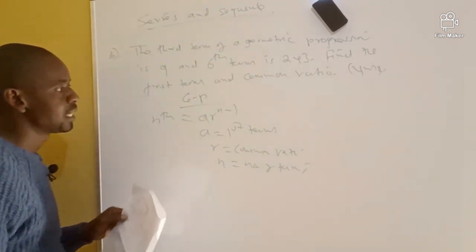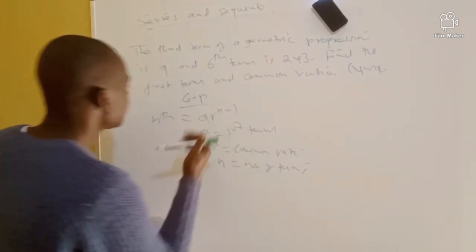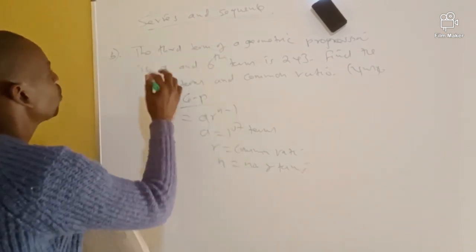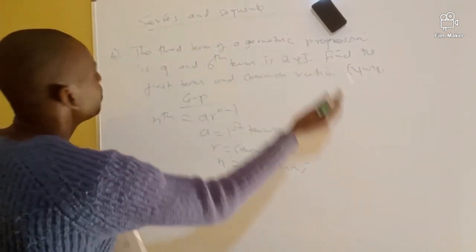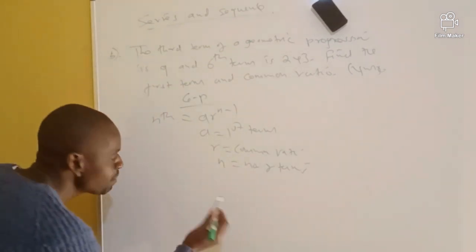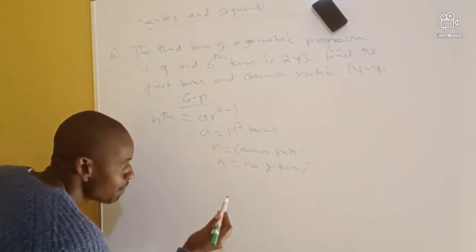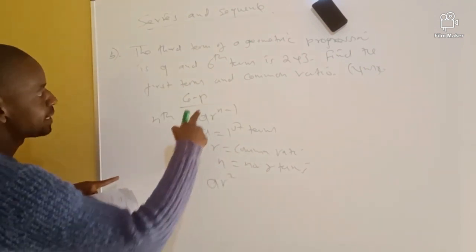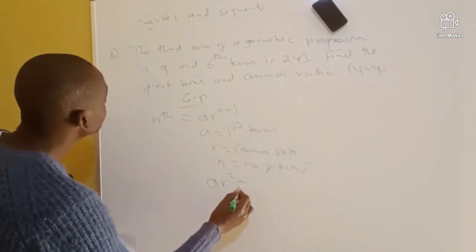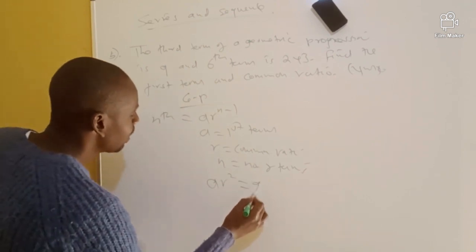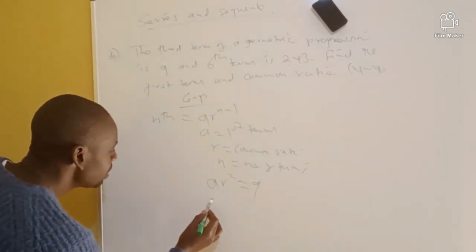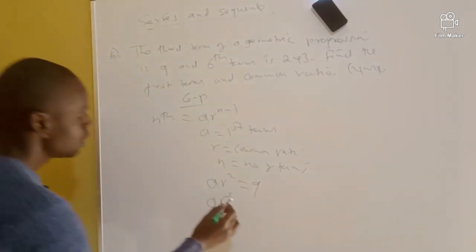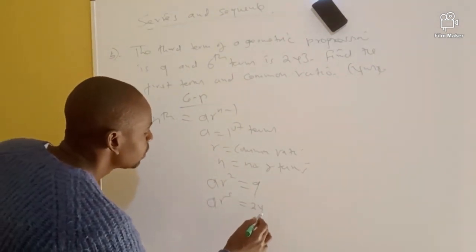So can we just substitute? We are told the third term of a geometric progression is 9. So the third term is going to be AR^2, because remember it is 3 minus 1, is equal to 9. Then the sixth term is going to be AR^5 is equal to 243.